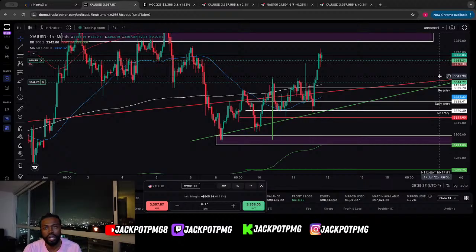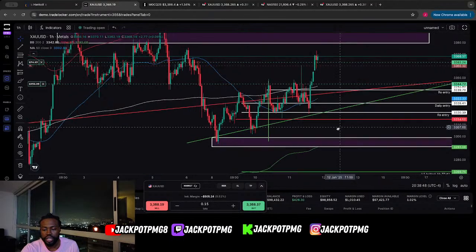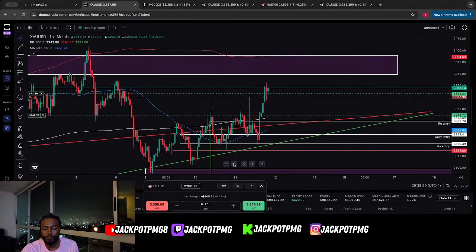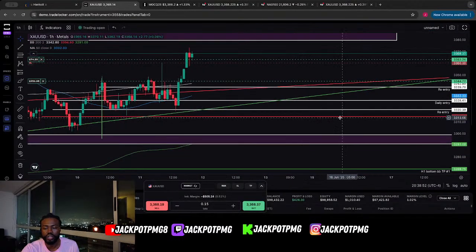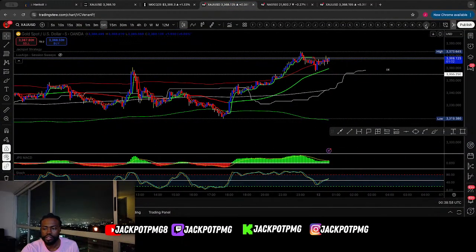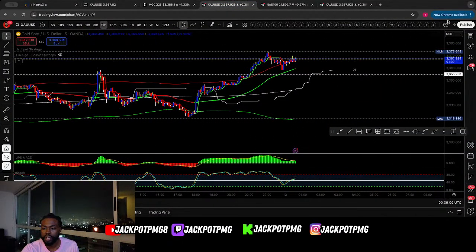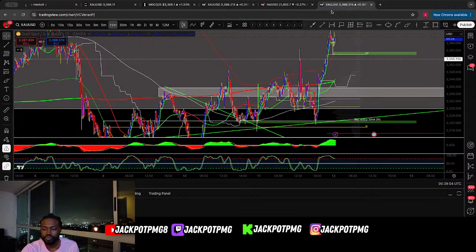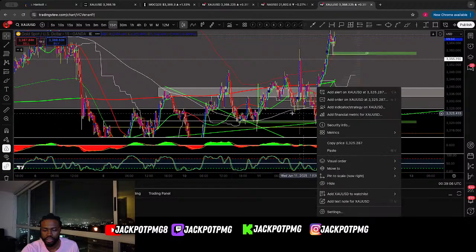So I decided to change my decision to a buy, because I noticed the daily candle was opening bullish, and we had a daily entry given to us on the Jackpot strategy at a different area. So if I play the market back, you guys are going to see exactly where daily entry was.